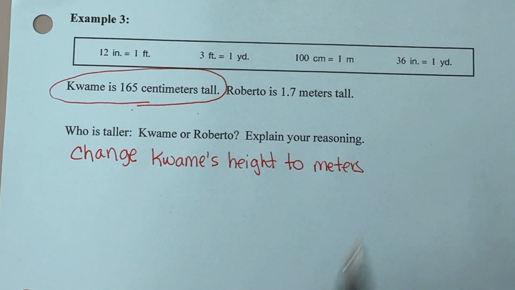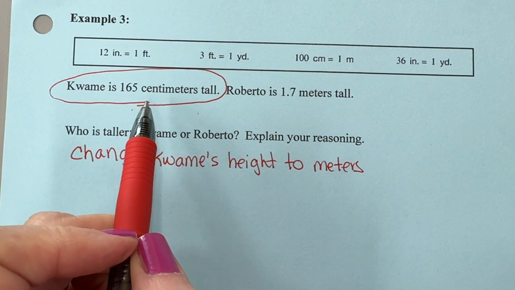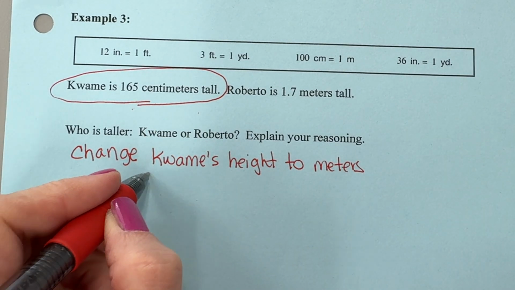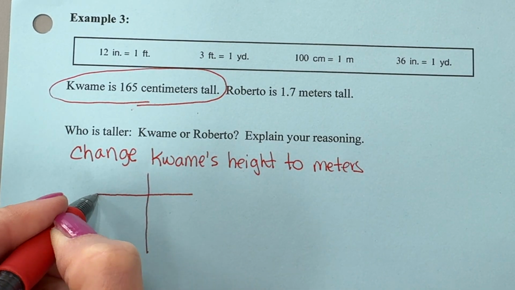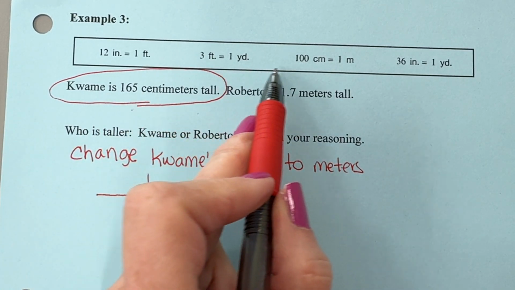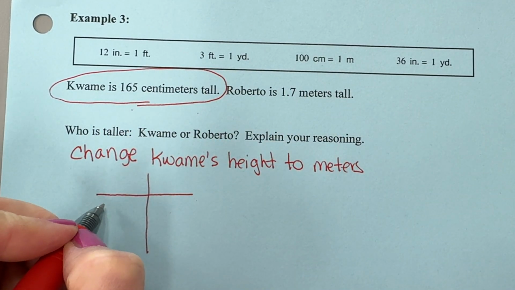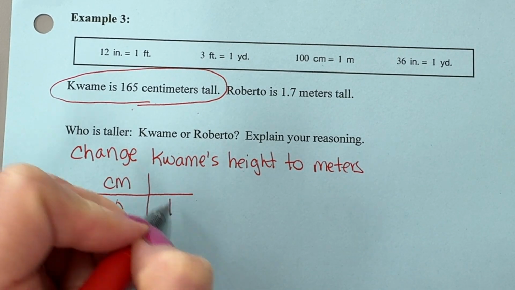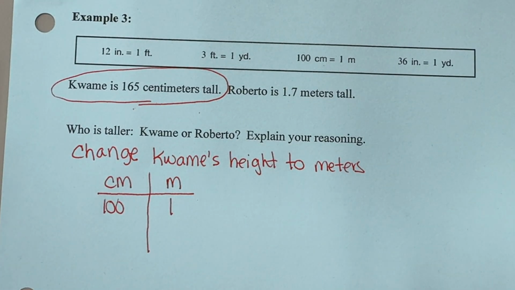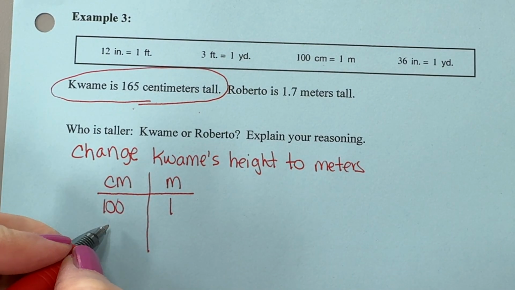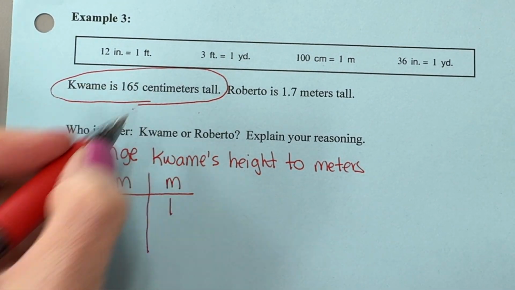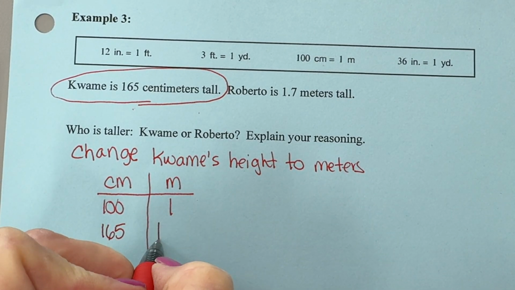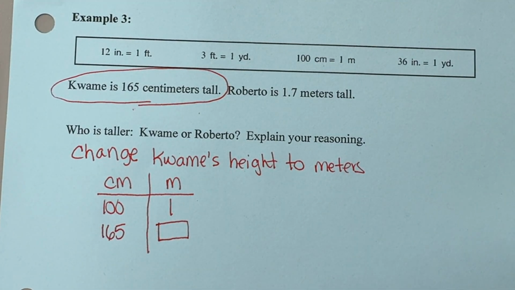Okay, so I need from my chart up here something that converts centimeters to meters. Right here, 100 centimeters equals 1 meter. I am given that Kwame is 165 centimeters, and I want to know how many meters that is.